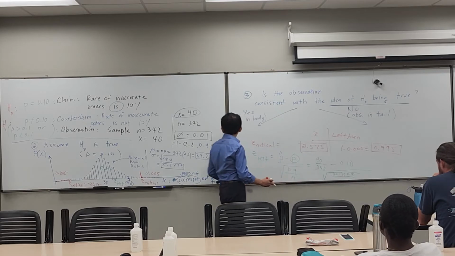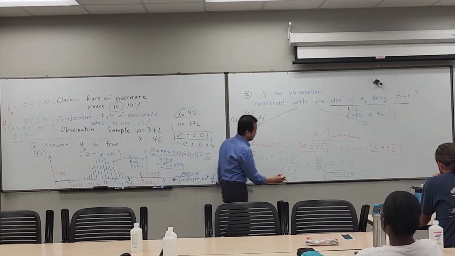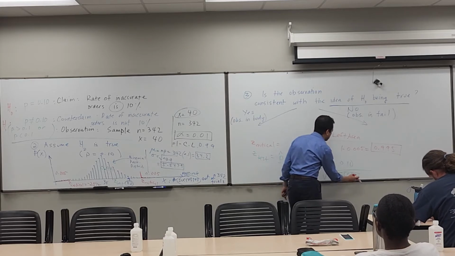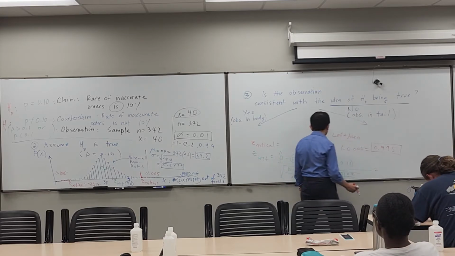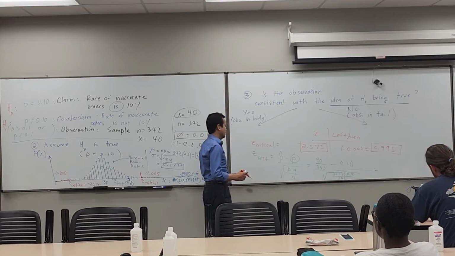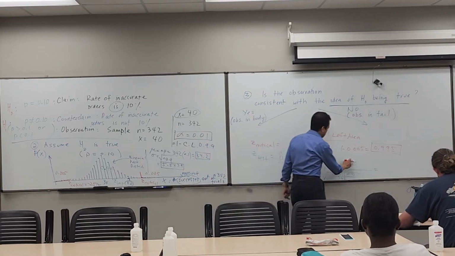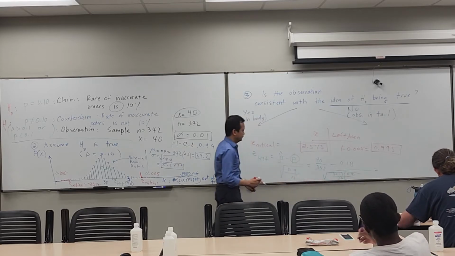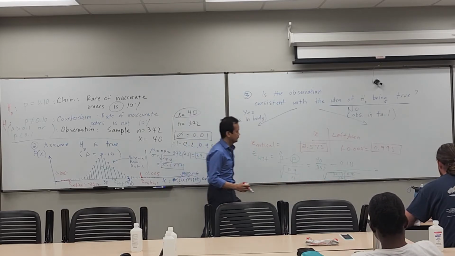And then N will be the sample size of 342. Go and punch that in. I got 1.045.